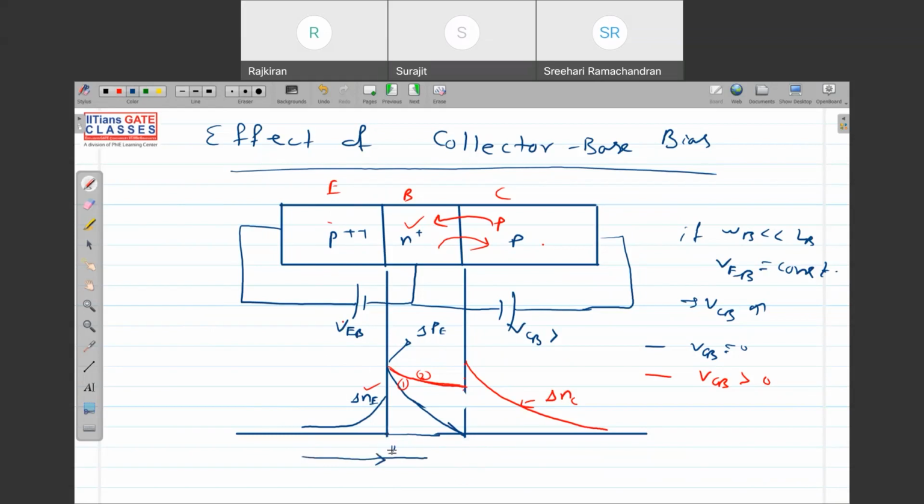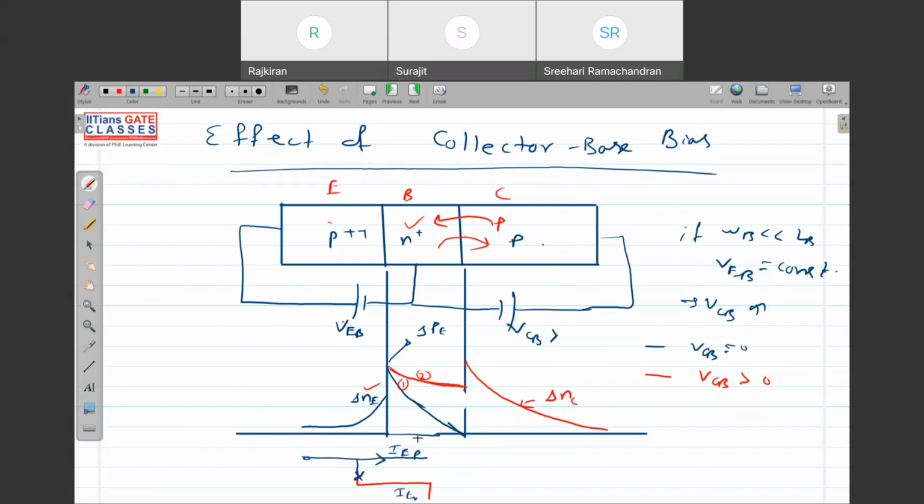This is nothing but your IEP, right? And the electrons have been injected from base to emitter, and they have gone and recombined with the holes. So this is IEN, right?